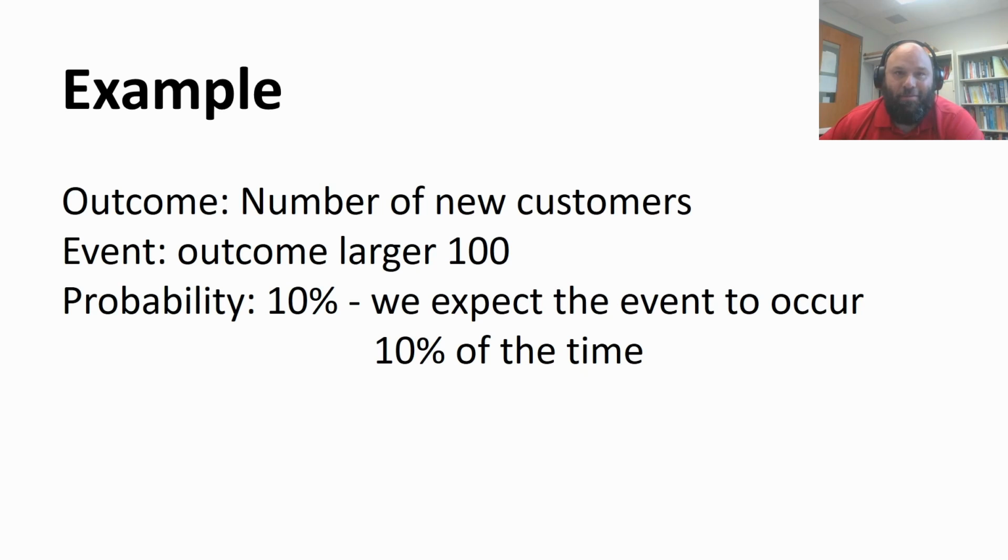Let's say we figure out that the probability is 10%. That means we expect that out of all of the weeks or all of the months, 10% of the time we'll have more than 100. Notice here I'm using the word expect. It's not guaranteed to happen. It's just that the probability suggests that this is what we expect to happen.